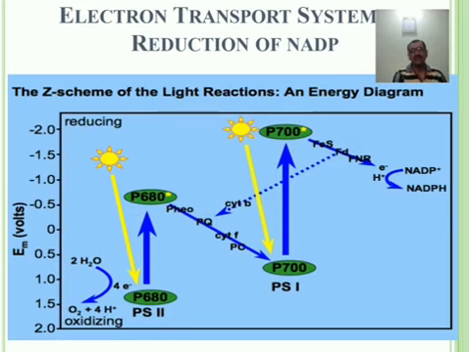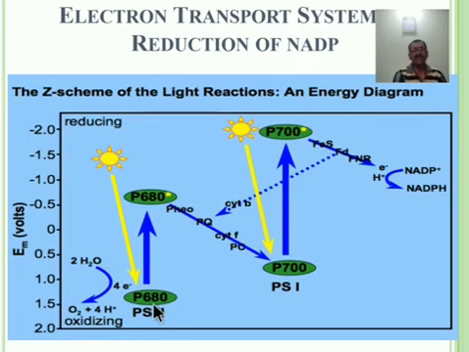During electron transport, two light reactions are combined to lift the electron in two stages from water, which is the ultimate electron donor, to NADPH. Let us see here. This is the electron, and this electron comes from the water and is donated to pigment system second.